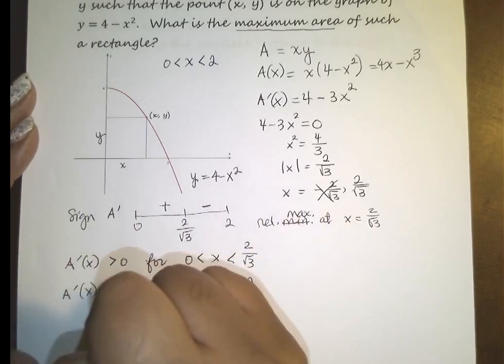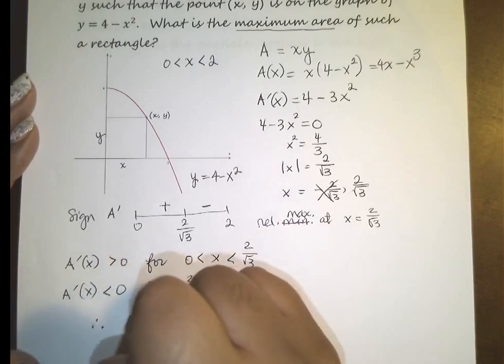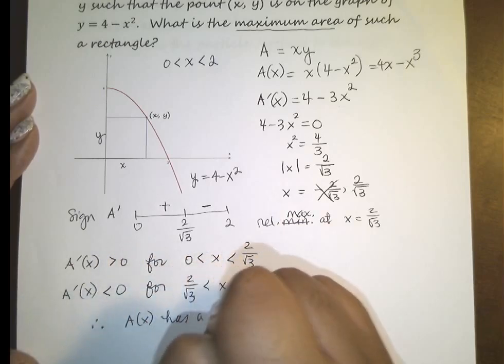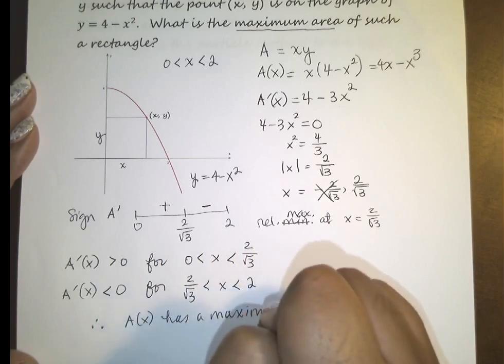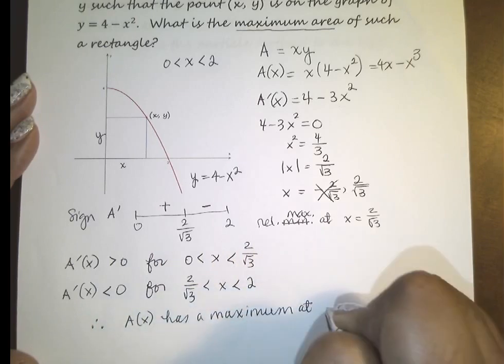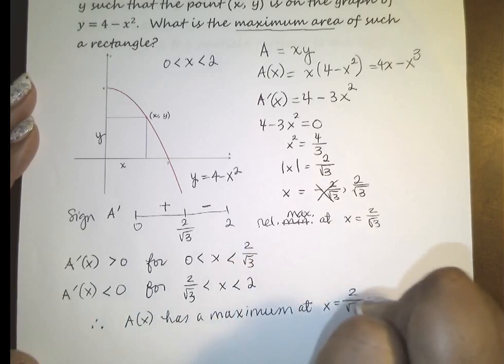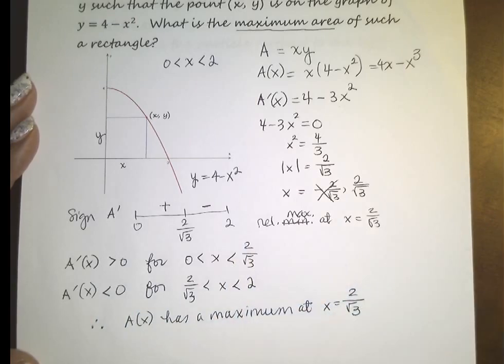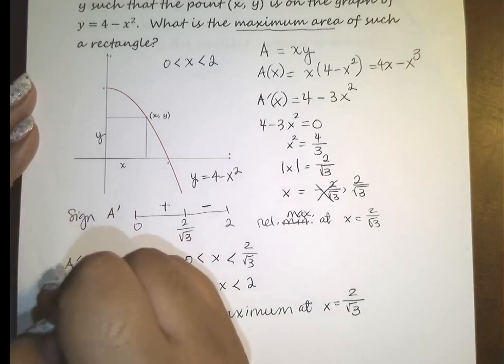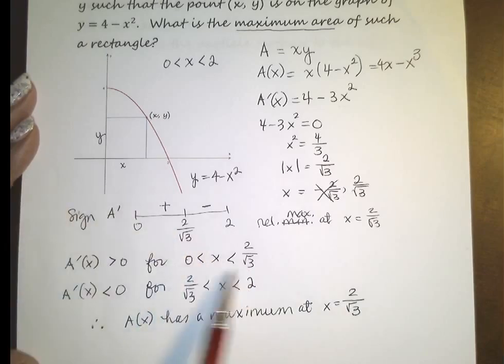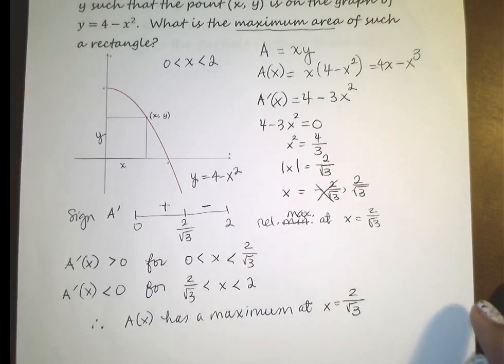Therefore, A of x has a maximum at x equals 2 divided by the square root of 3. Note that this justification considers my entire domain, so I've justified an absolute max and not simply a relative max. If I just say it changes sign without considering the entire domain, I'm justifying a relative extremum and not an absolute extremum.